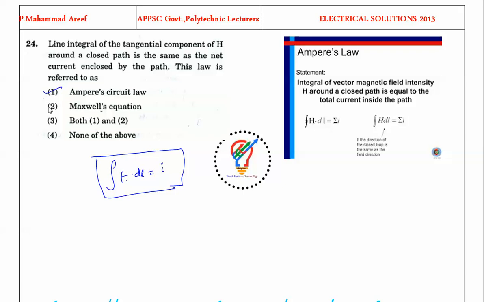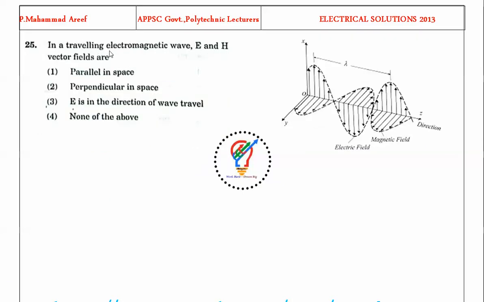Next question. In a traveling electromagnetic wave, the E and H, that is the electric field intensity and magnetic field intensity vector fields, are how? So as you can see in the figure, okay, the direction in three dimensions. If you see here, this is our electric field like this.